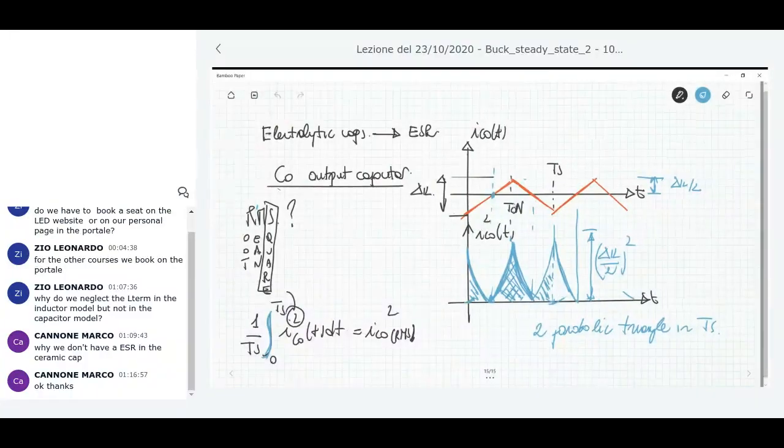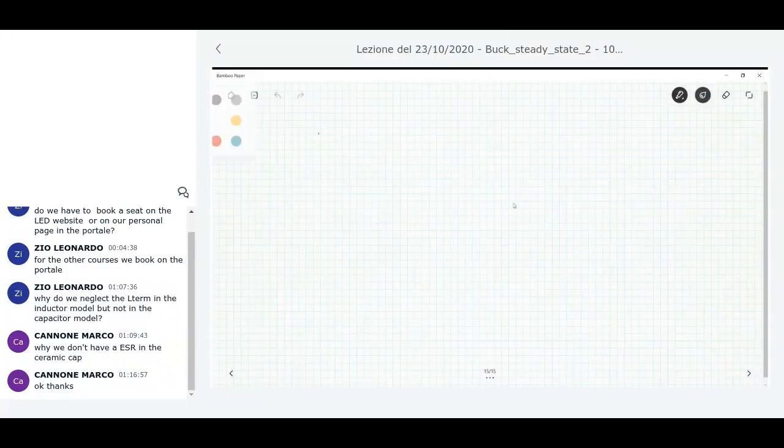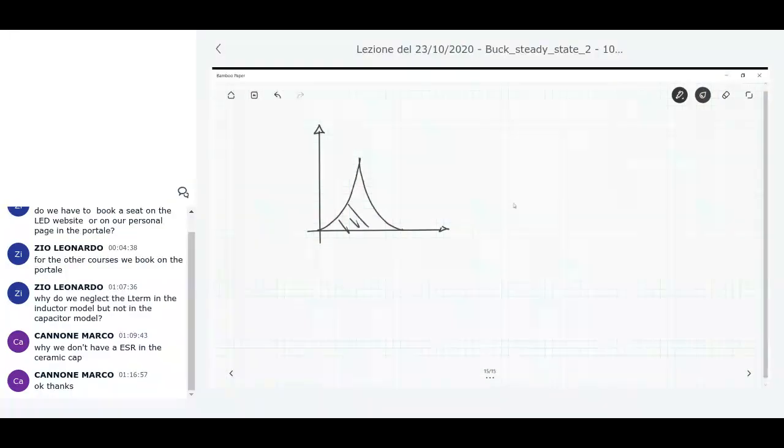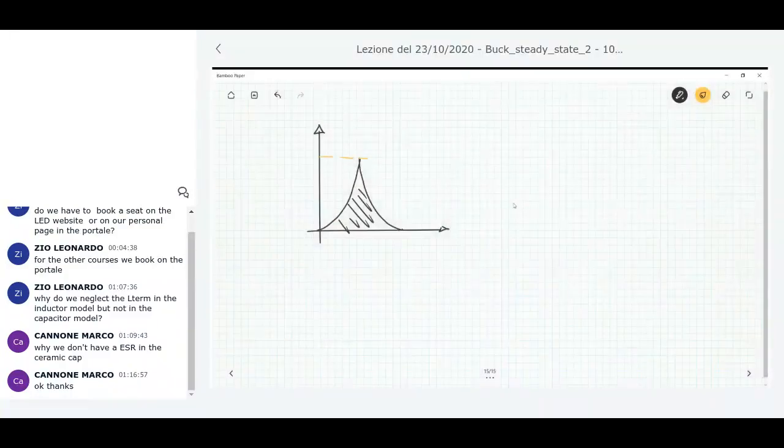Now we can use an old Greek theorem that says that if you have a parabolic triangle and you want to get the area under it, you have to use the rectangle which encloses this parabolic triangle.